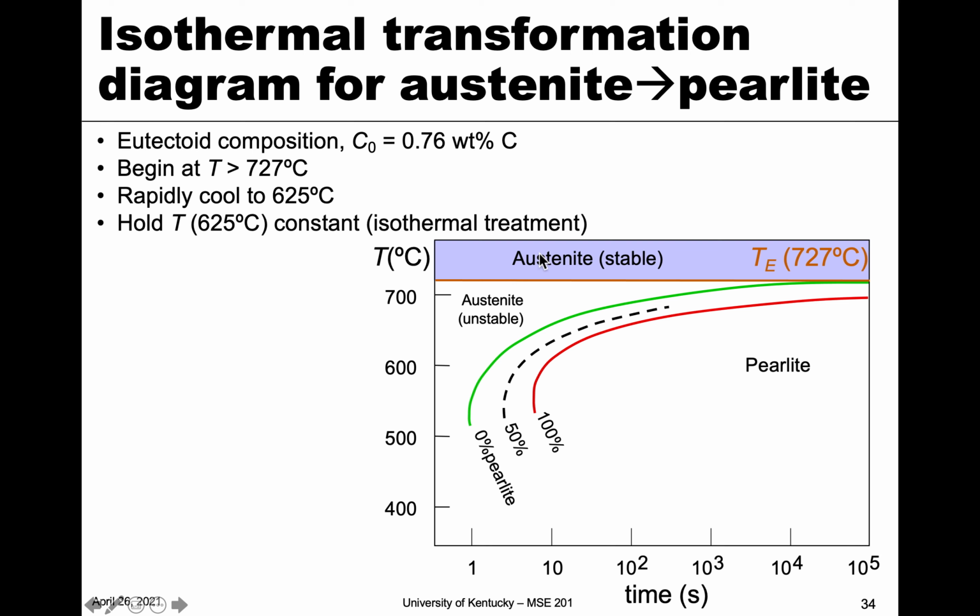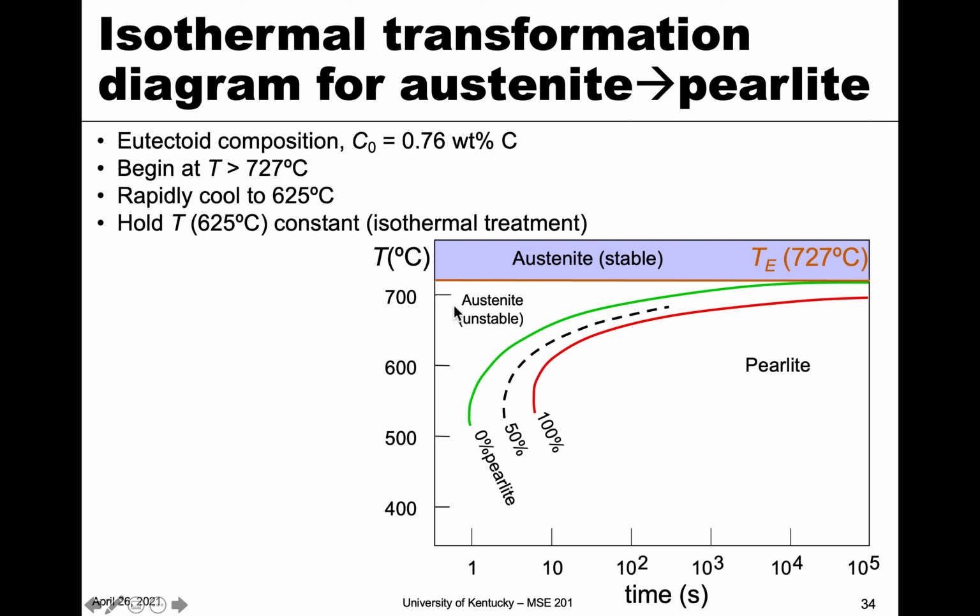Over 727 is where we have austenite, so you see a solid line with austenite above it. Below 727, it says austenite is unstable here, because it's unstable, but it hasn't transformed yet. It does take some amount of time to transform.